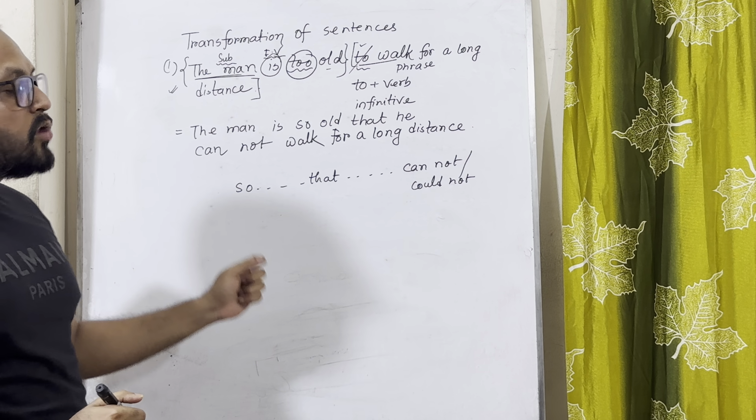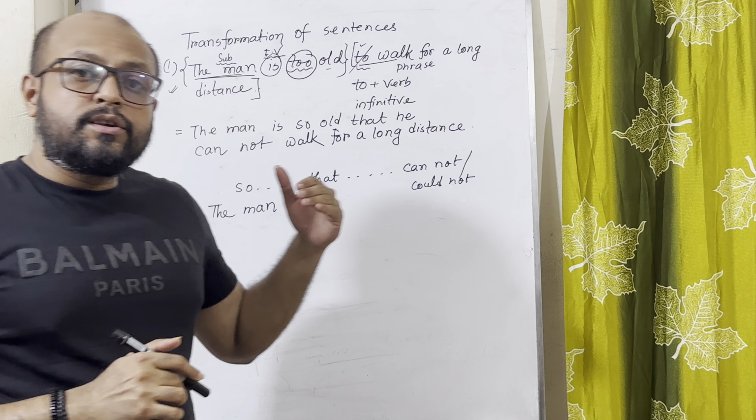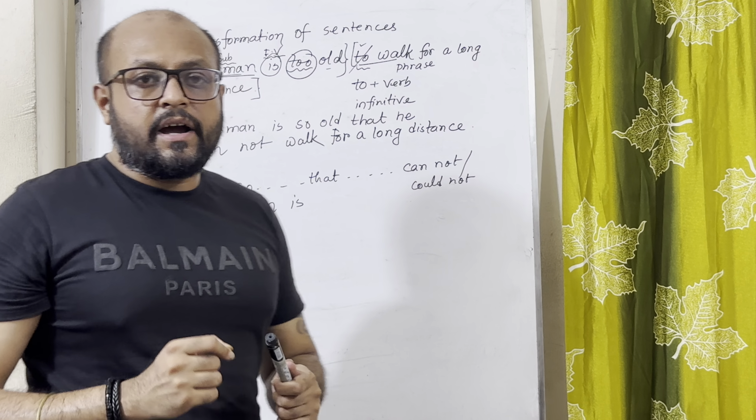Here there is a trick. Like the complex sentence, we will apply the same subject over here, the verb will be the same, and now I need to use another intensifier, that is very.